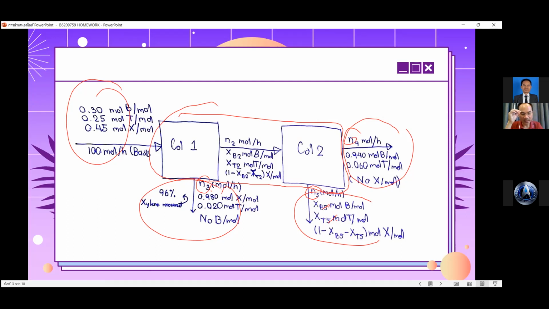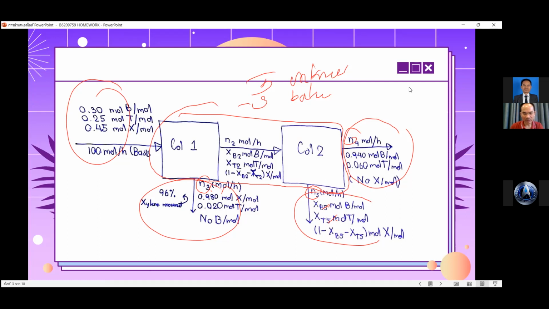How many independent equations for the overall? So there are 5 unknowns and 3 balance equations. We have benzene, toluene, and also the total balance. We have 4 balance equations, but only 3 independent balances.